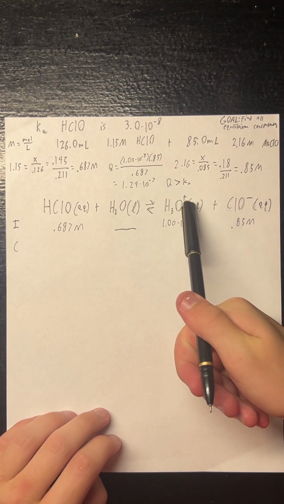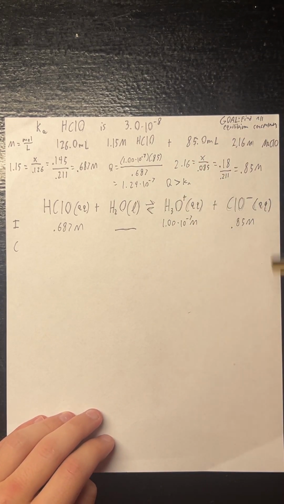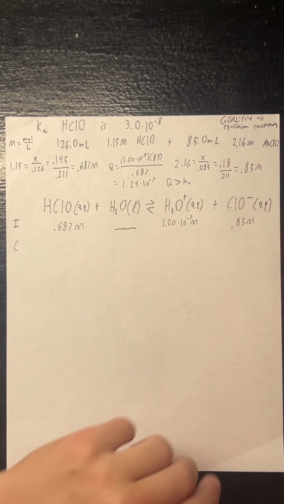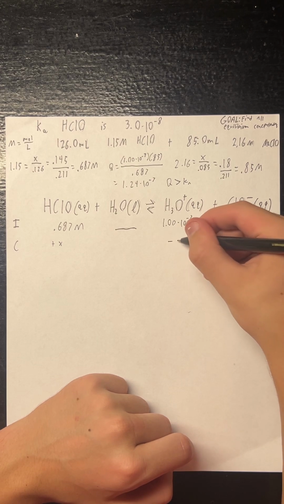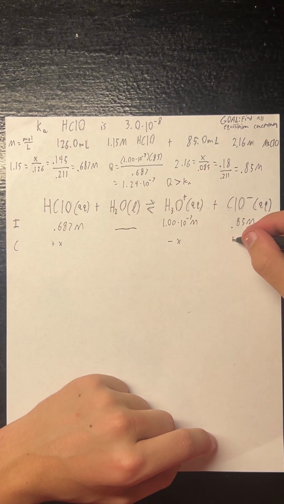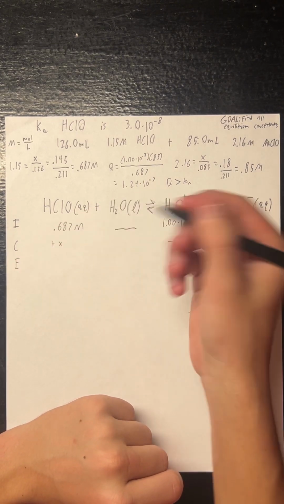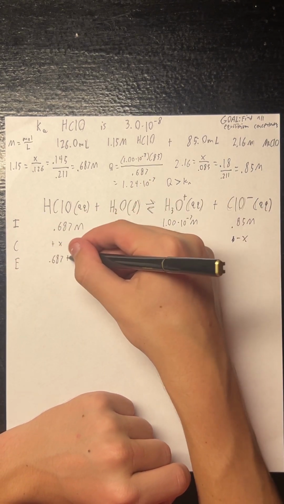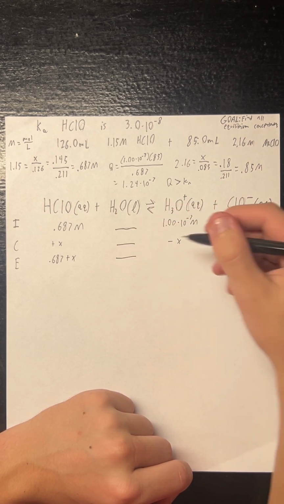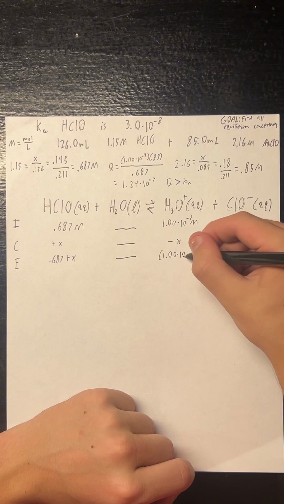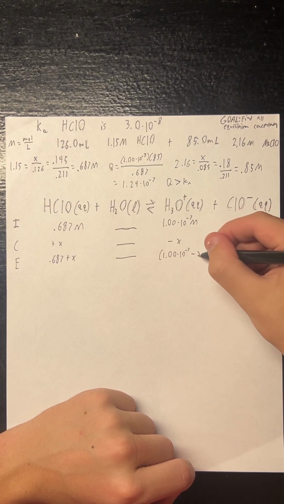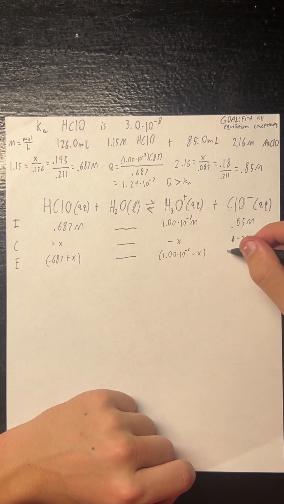If Q is greater than Ka, what does that mean? That means we go to the reactant side. So we would plus x for the reactant and minus x for the products, since the coefficients are just 1. So our E row becomes 0.687 plus x, a dash since it's liquid, then 1.00 times 10 to the negative 7 minus x, and 0.85 minus x.